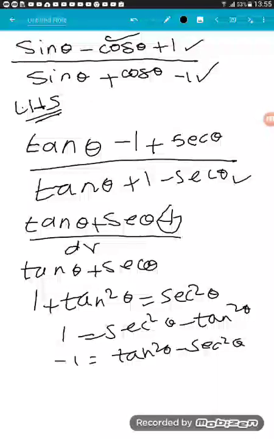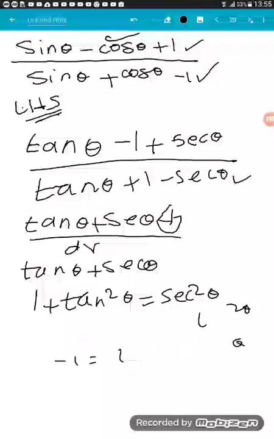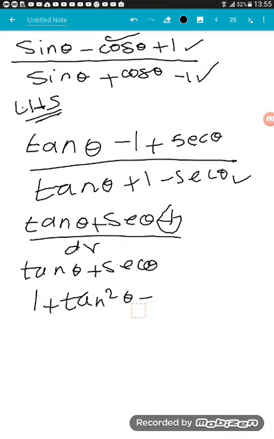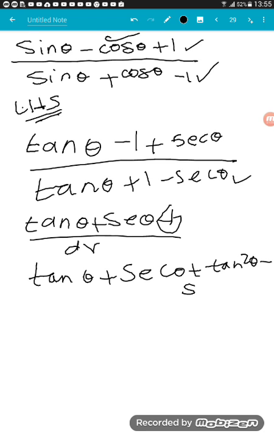So using this knowledge, we will put this in the question, that is tan square theta minus sec square theta. So it will come as tan theta plus sec theta plus tan square theta minus sec square theta by denominator.